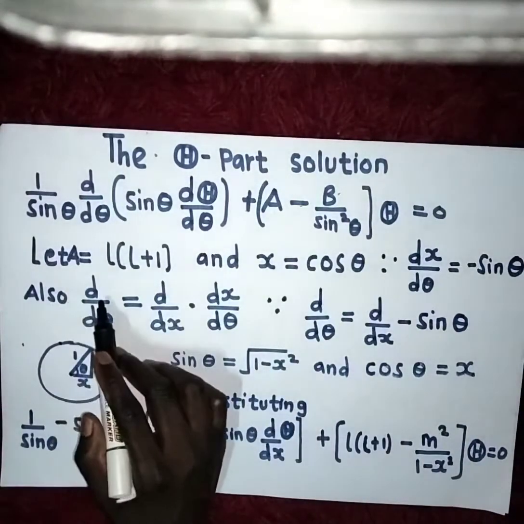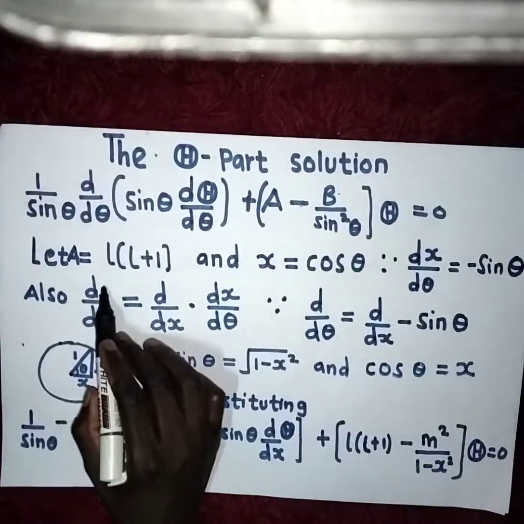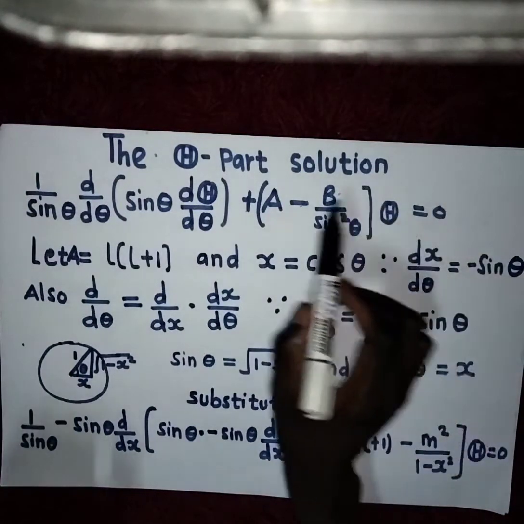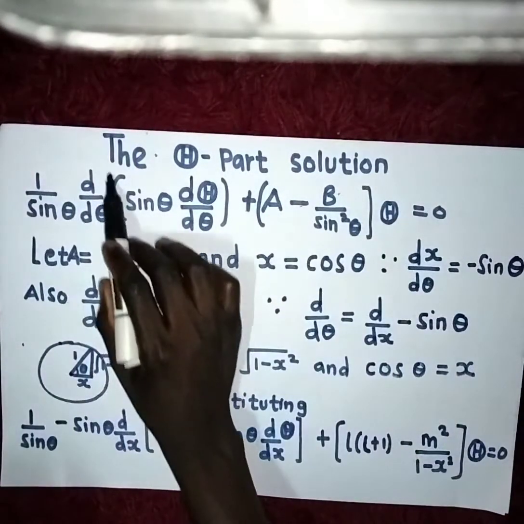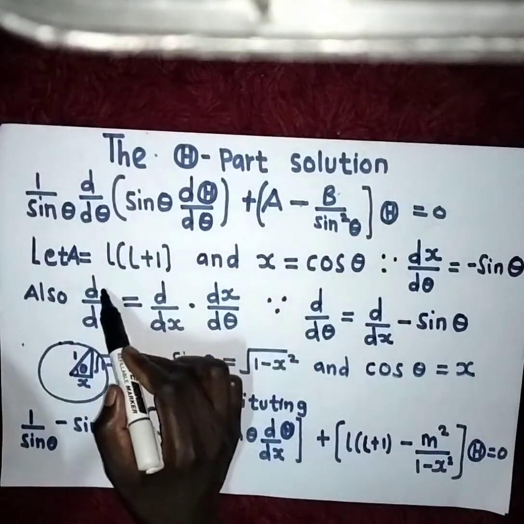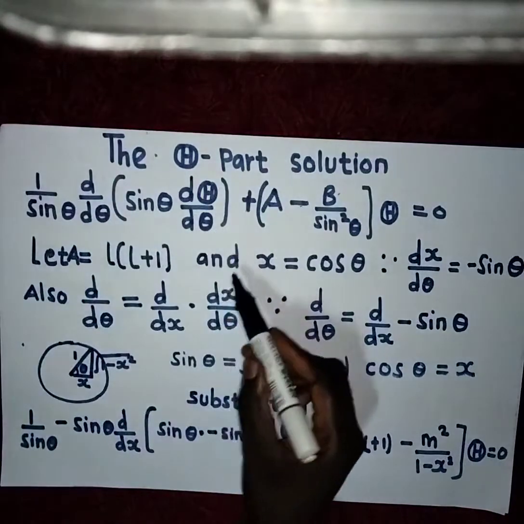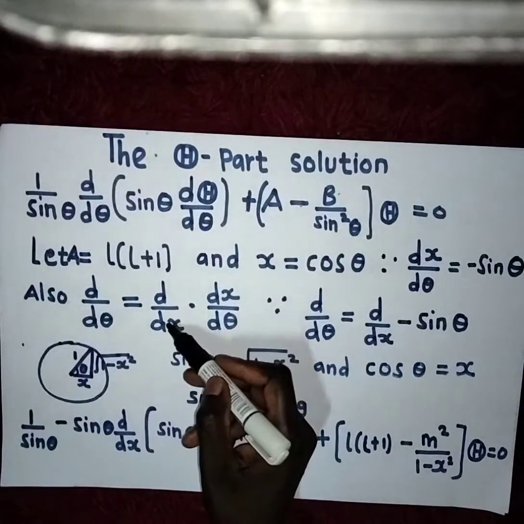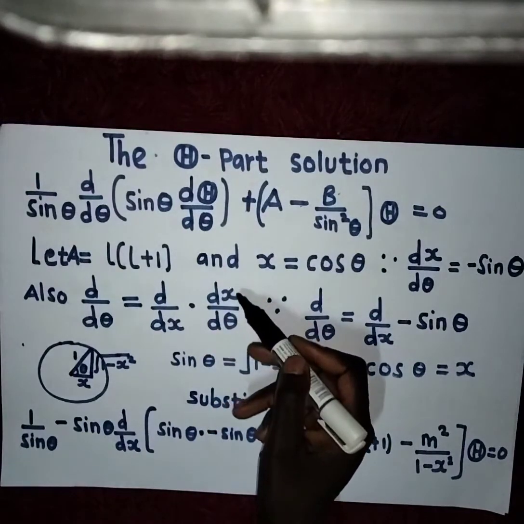Because having this, I want to use it to replace d theta which I have here. Cos theta, already I have x. d theta also I have to replace. So d theta is the same as d dx times dx over d theta.